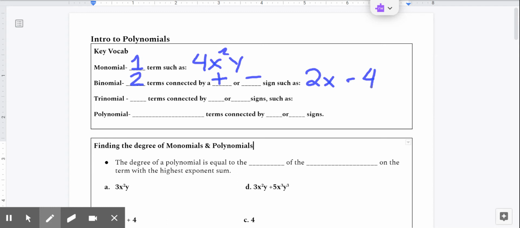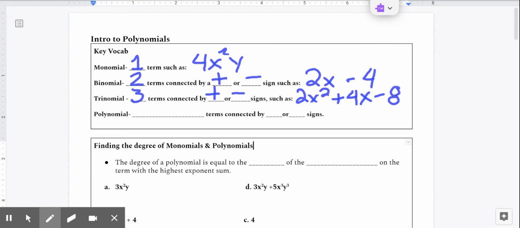A trinomial, that root tri meaning 3, so trinomial is 3 terms connected by addition or subtraction signs, such as, for example, 2x squared plus 4x minus 8. So that would be an example of a trinomial.